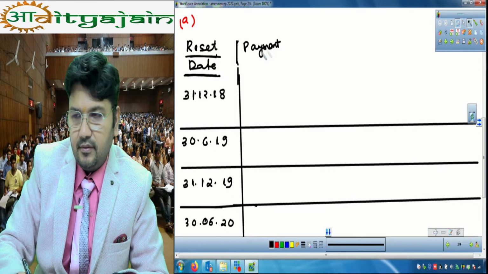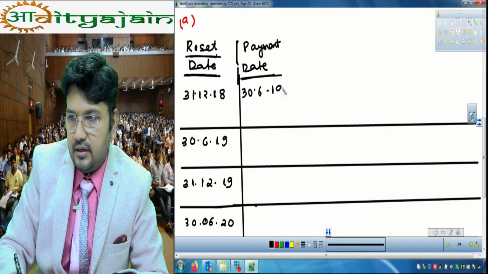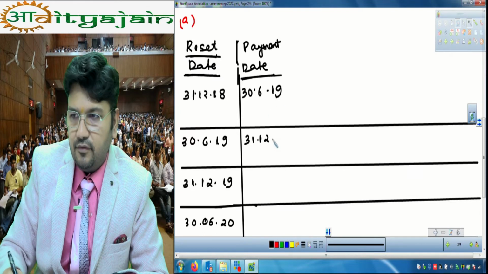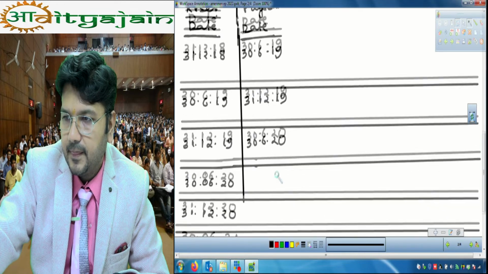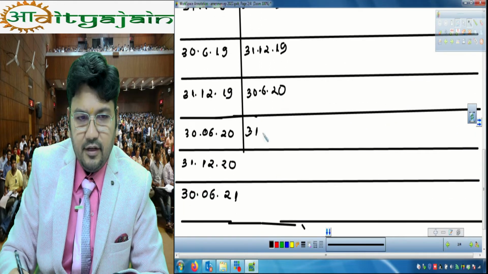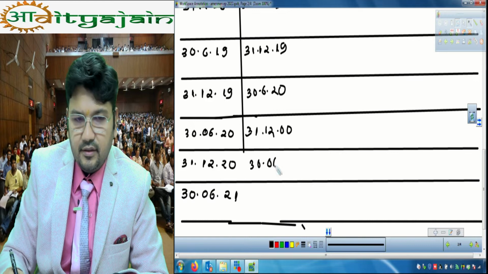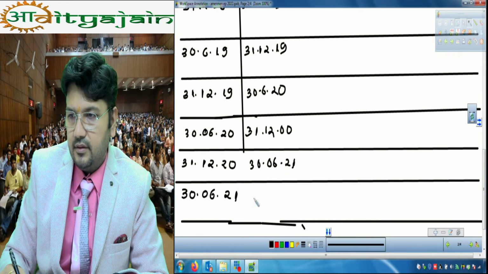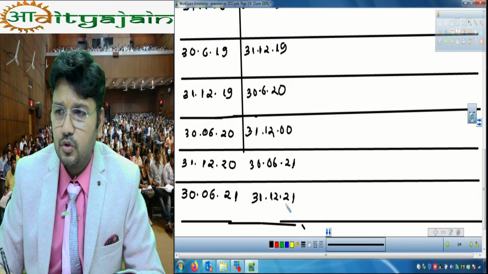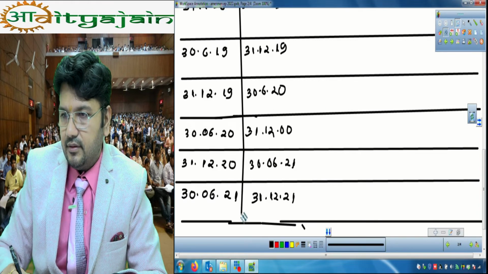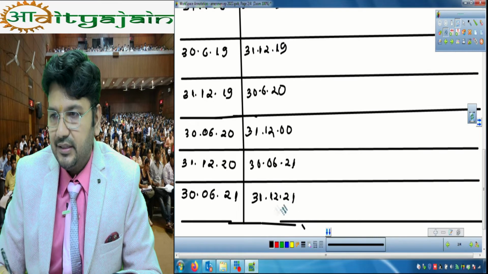Payment date will be next, that is 30/6/19, 31st 12/19, 30/6/20, 31/12/20, 30/6/21, 31st 12/21. 31st 12/21 is not given in the question, but definitely as per the pattern of the question it must be 31st 12/21, no doubt in this, but this is not given in the question.